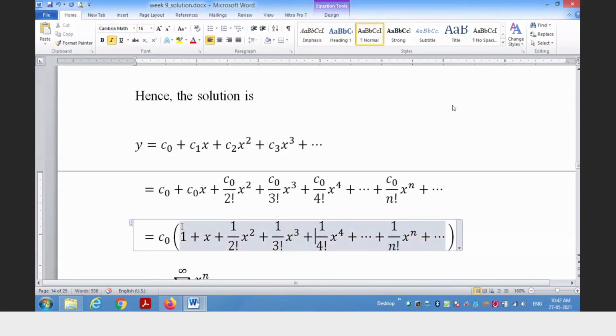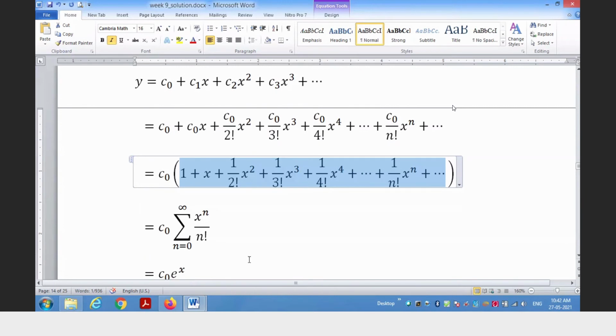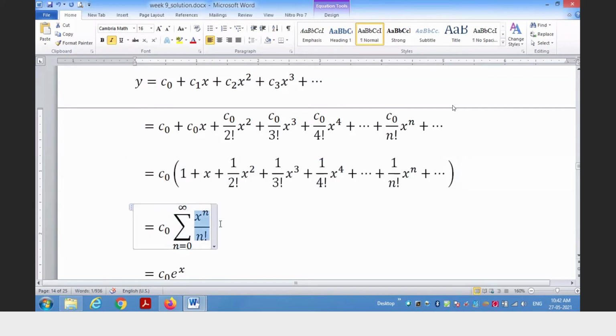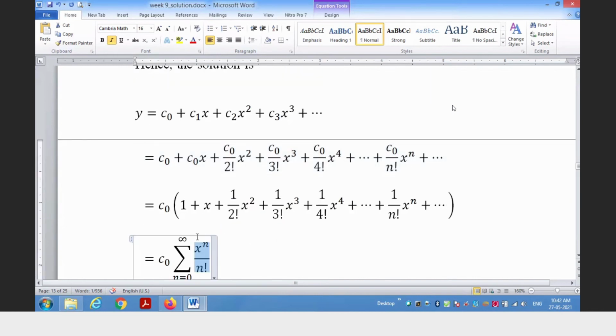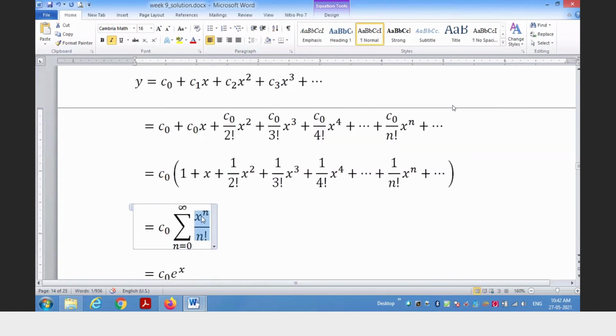But you can represent this series in terms of summation. So this equal to C0 times the summation of x power of n over n factorial. You get this from these common terms. So this equal to summation n from 0 up to infinity of x power of n over n factorial.